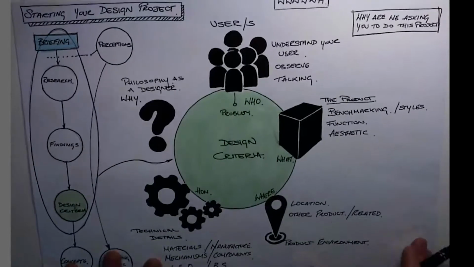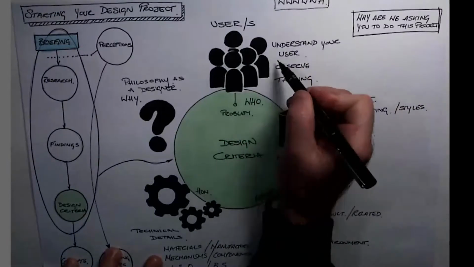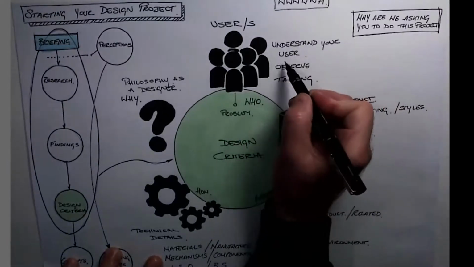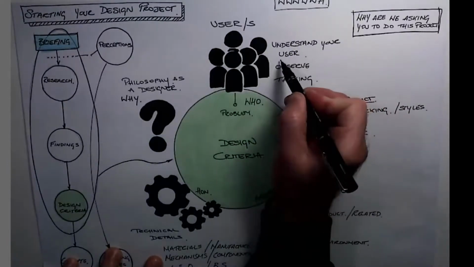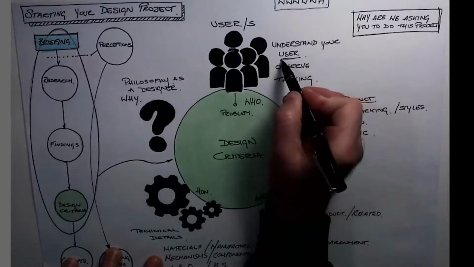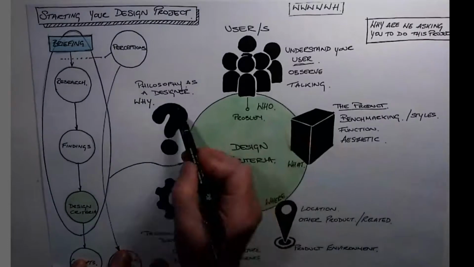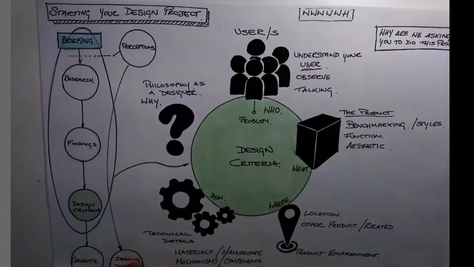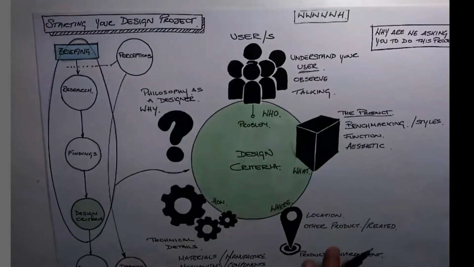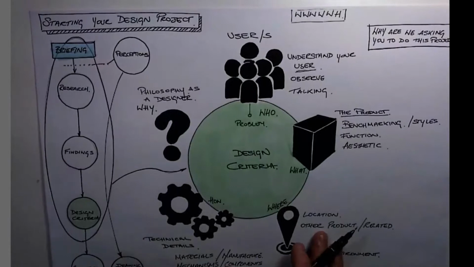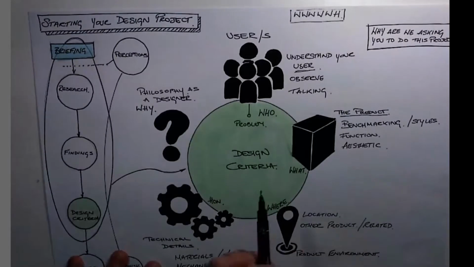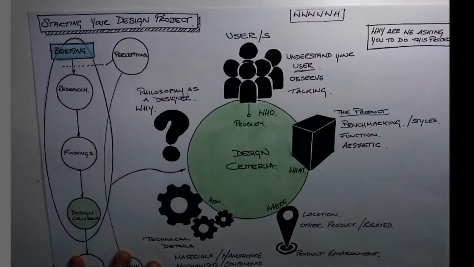Yep. Okay, so over the next day or two, I want you to start thinking about your user. Who are you designing this product for? So could you go into the why and go, actually, I'm going to design this product for people with specific needs that can't use a standard salt and pepper shaker?